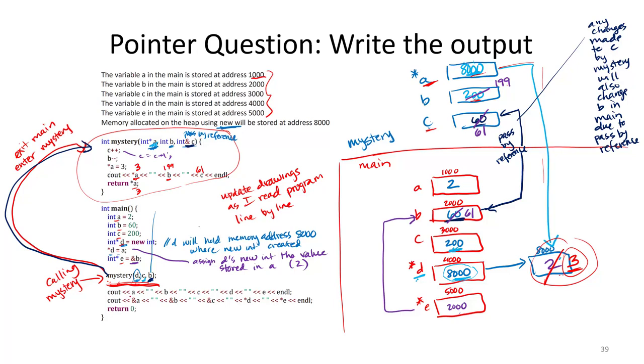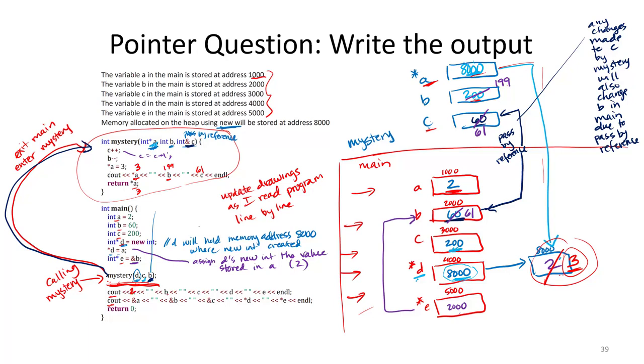Finally, at the end of my program, I have some additional cout statements. Notice now the variables I'm outputting in this set of cout statements are the variables local to main instead of the variables that were in mystery. So here if I output A to the screen, that will output the value 2.